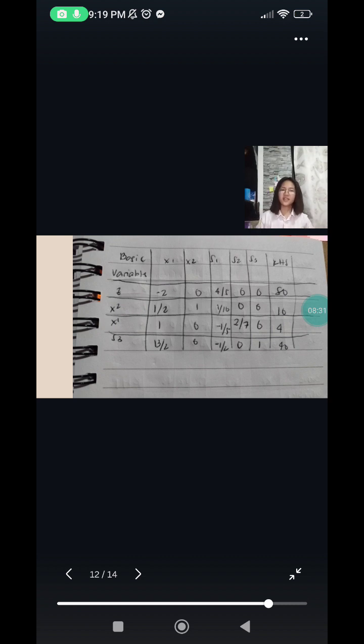As you can see, there is no negative left, and we also get all the results. 88 for our z; our RHS is 88. For our x sub 2, the RHS is 8.